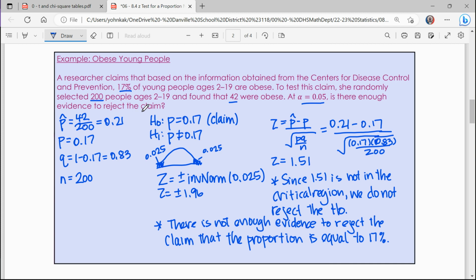So the question, is there enough evidence to reject the claim? The answer is no, there is not enough evidence to reject the claim.